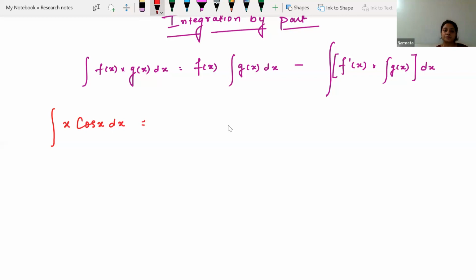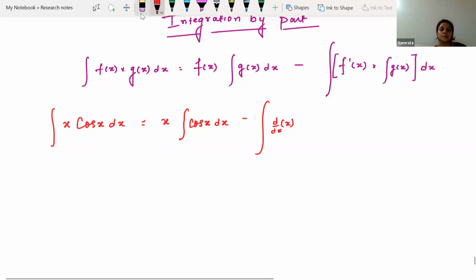So here the formula says that first function, that is f of x, as it is we have to write. Now integration of second function, so integration of cos x. Now according to the formula, we have to take the derivative of the first function. So d by dx, if you will be taking x, what you will be getting? Derivative of x is what?